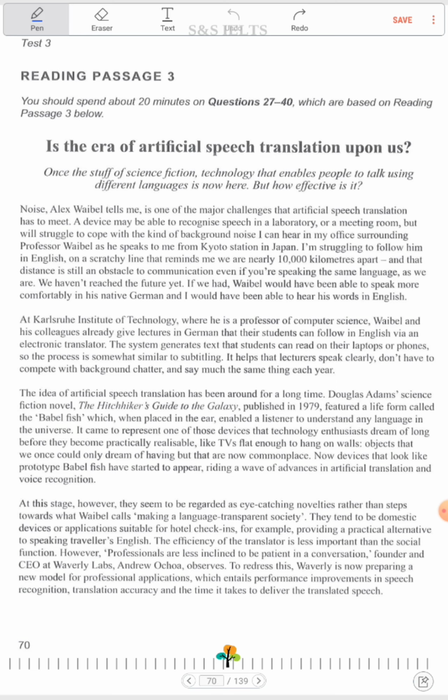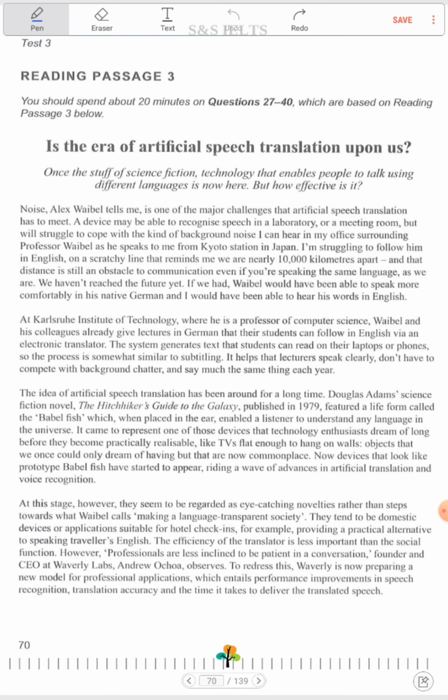The speaker is struggling to follow the conversation due to the background noise and the scratchy line. All of this hinders clear communication, okay?